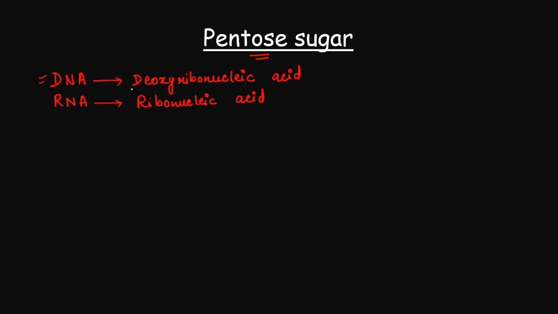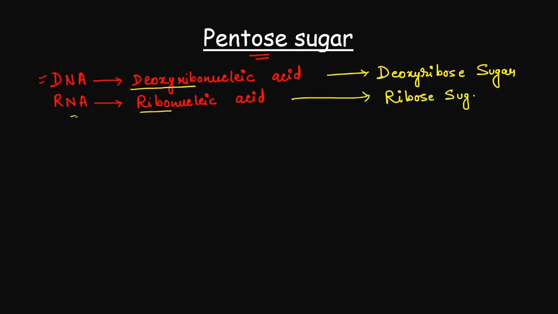So in case of DNA the sugar is deoxyribose sugar, and in case of RNA it is ribose sugar. Both of these are pentose sugars.